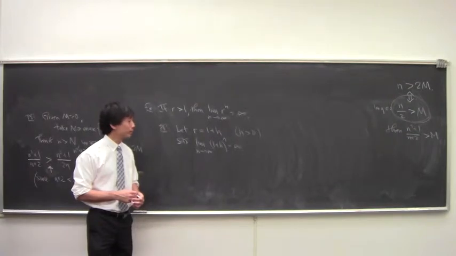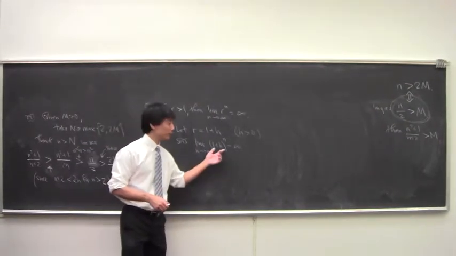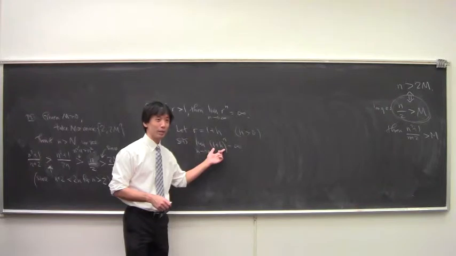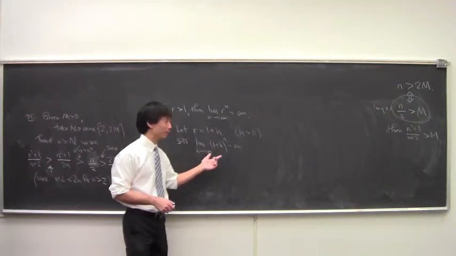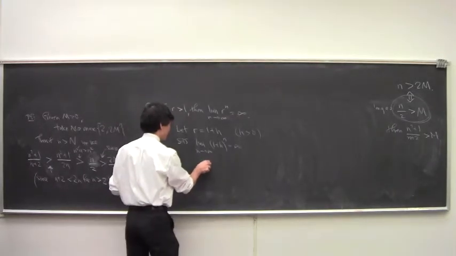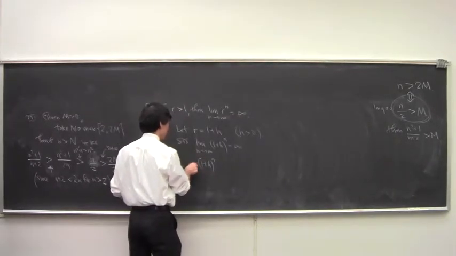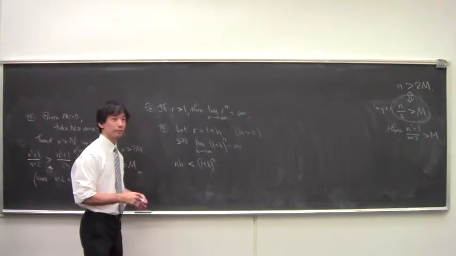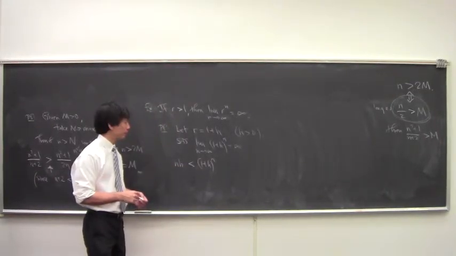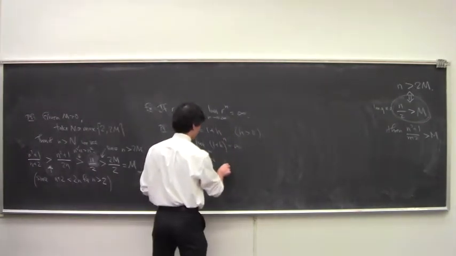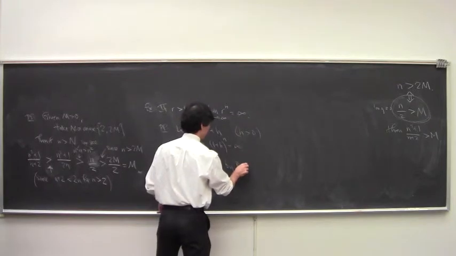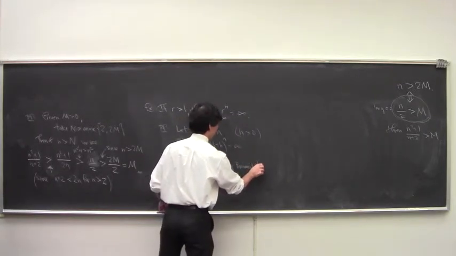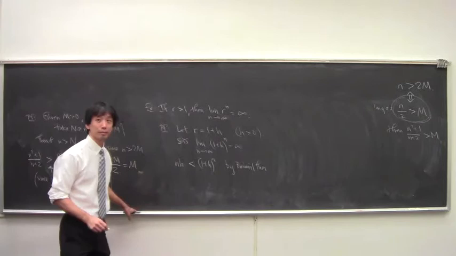Okay. So what are we going to use? 1 plus h to the n. We're going to use the binomial theorem, right? Okay. So we know that 1 plus h to the n exceeds, for example, n times h. Right? By the binomial theorem.